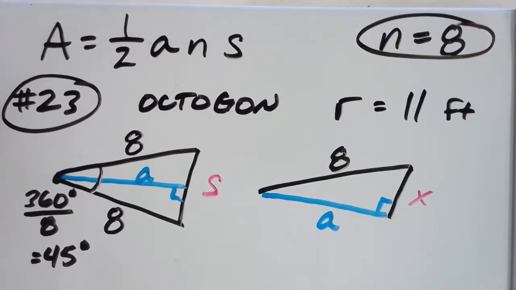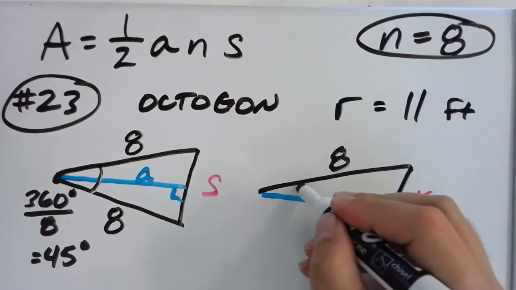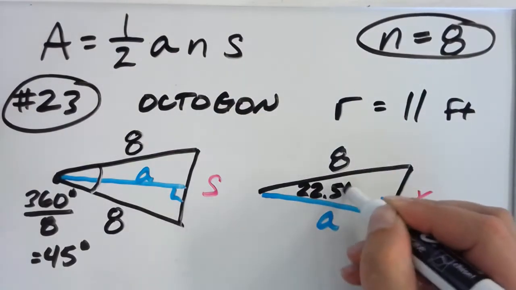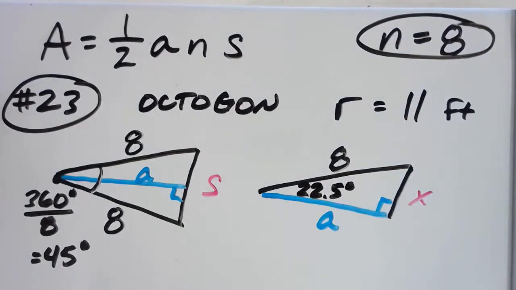If you were to add up 45 degrees 8 times, you'd get to the 360 degree full interior. Based on that number, I can actually figure out what each of these little slivers has to be, because this apothem has to split it directly in half. So this here is exactly half of 45 degrees, which is 22.5 degrees. Yes, it's a decimal, but still just a number in a calculator for us.